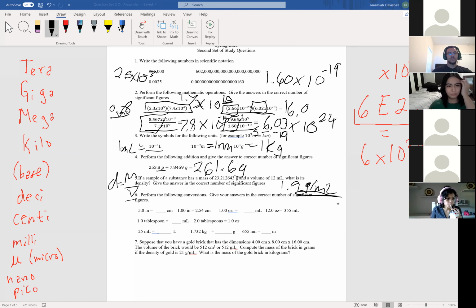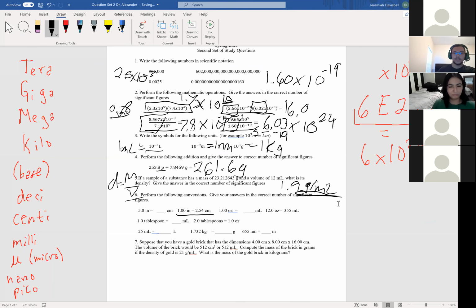Now, going to number 6, 5.0 inches into centimeters. So how many centimeters are in an inch? I'll give you a hint, it's right here. 2.54 centimeters.